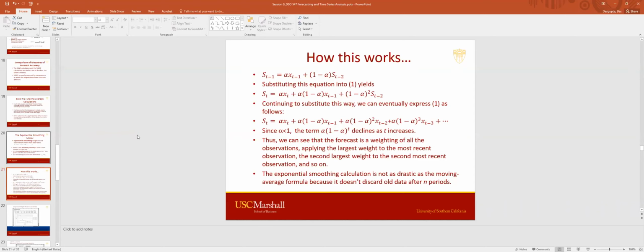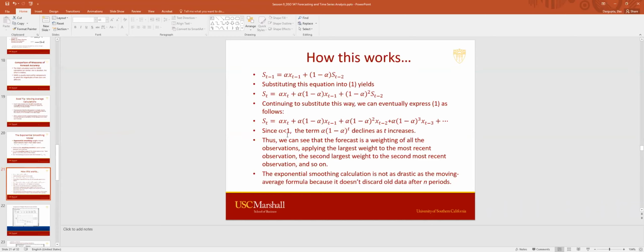And if you continue to substitute this way, you can eventually express the equation that you saw in the first equation to be alpha times xt plus alpha times 1 minus alpha times xt minus 1 plus alpha times 1 minus alpha squared xt minus 2 plus alpha times 1 minus alpha cubed xt minus 3, and so on and so forth. And what happens with that?